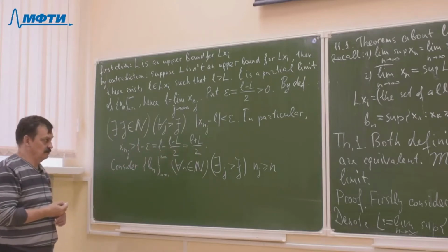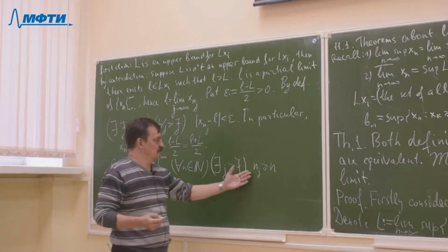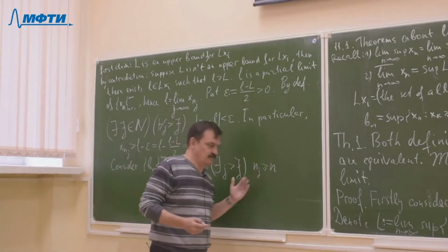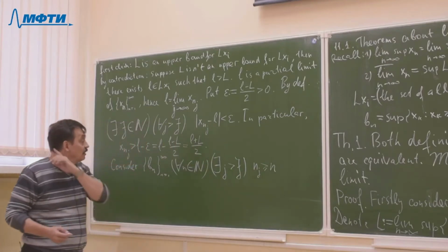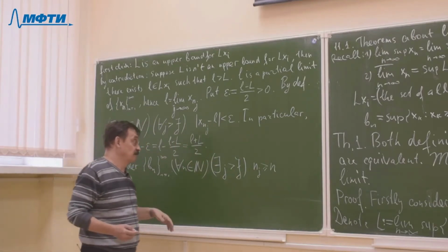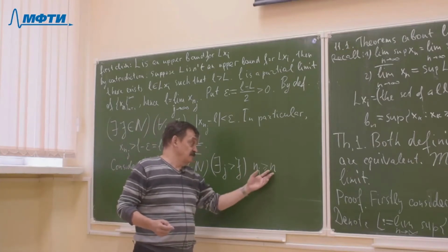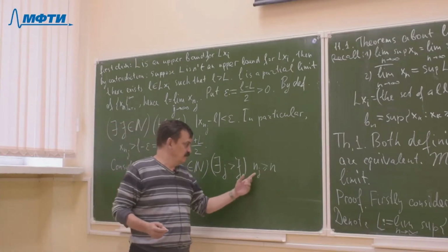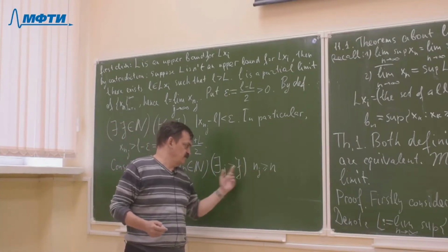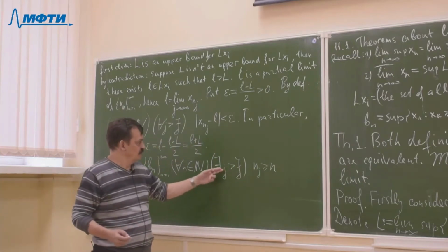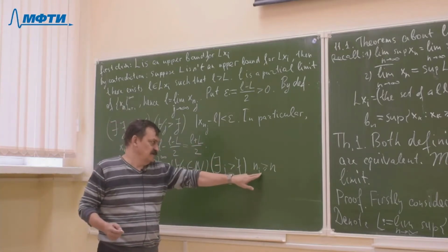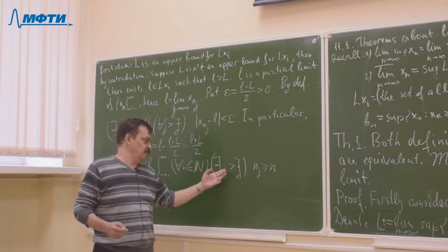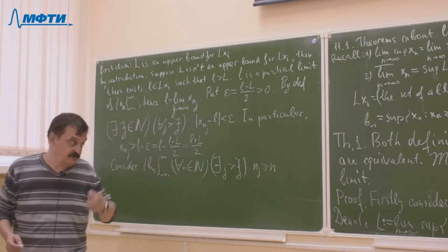Why? Because n_j is a strictly increasing sequence of natural numbers, hence it will be larger than an arbitrary given natural number n for a certain index j. And of course, if we choose j larger, then the inequality is still valid, hence we may suppose j is greater than capital J.